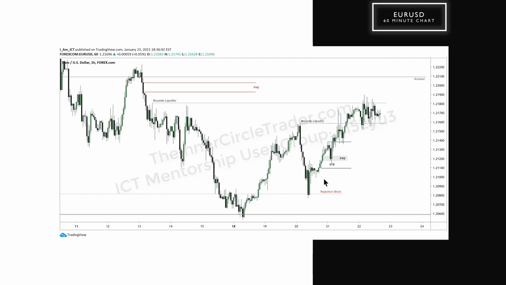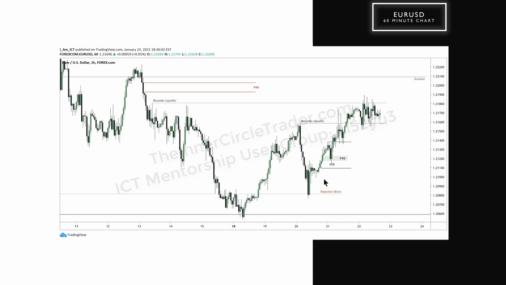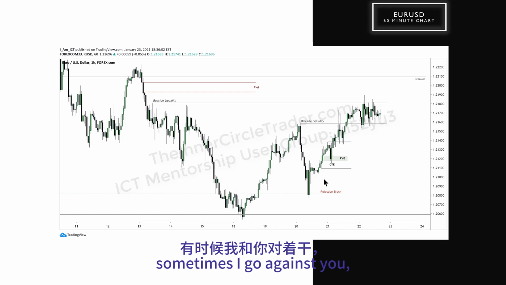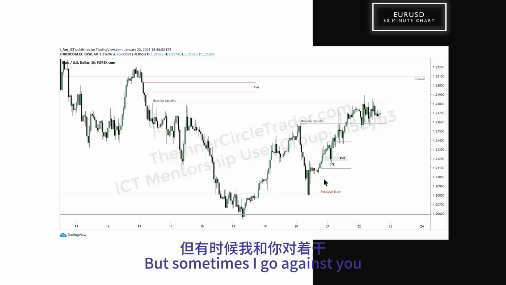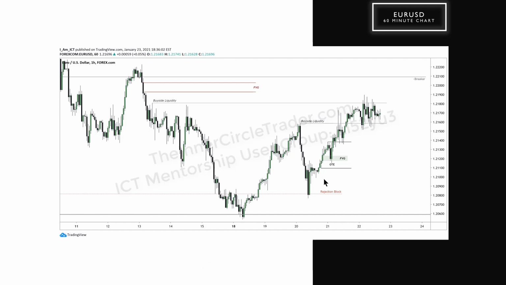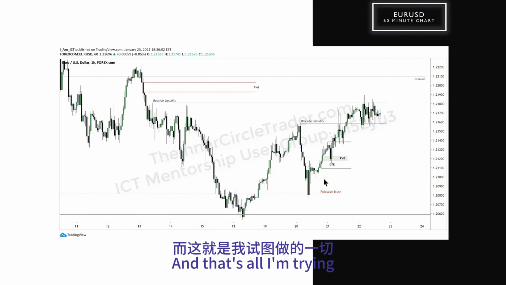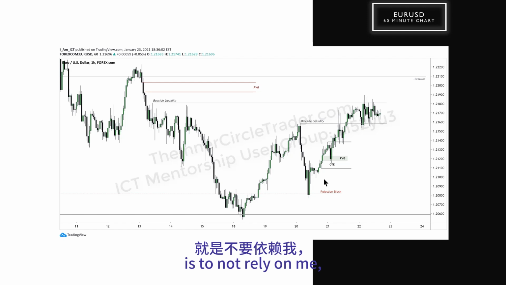I've had people in the mentorship from the 2016 group say, hey, look, Michael, sometimes I go against you, and it hurts, but sometimes I go against you and it pans out. Is it wrong for me to feel good about that? Laugh out loud. No, that's good. That's absolutely, because you're being an independent thinker. And that's all I'm trying to cultivate in all of you, is to not rely on me, not rely on anyone else. You can do this on your own, but you're going to do it with losing trades too.